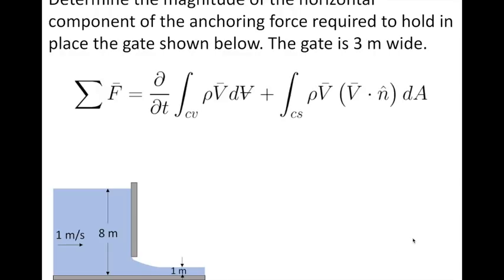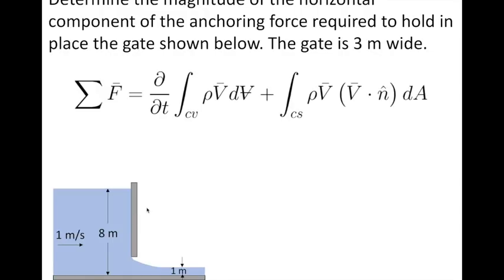So you have a sluice gate with the dimensions as shown, 8 meters deep upstream, 1 meter deep downstream, a velocity coming in at 1 meter per second, not 0, it's coming in at 1 meter per second. And in this case, we're going to have a system that is 3 meters wide throughout. Okay, so constant width of 3 meters. And we want to determine what the anchoring force is, the horizontal component. So there's already going to be an anchoring force that needs to hold this gate up. That's a structural problem.